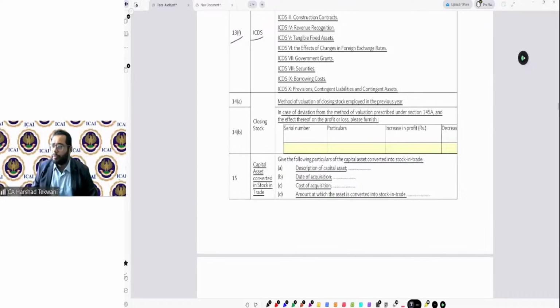Clear? Pretty simple, nothing complex in this clause. You need to provide that detail.